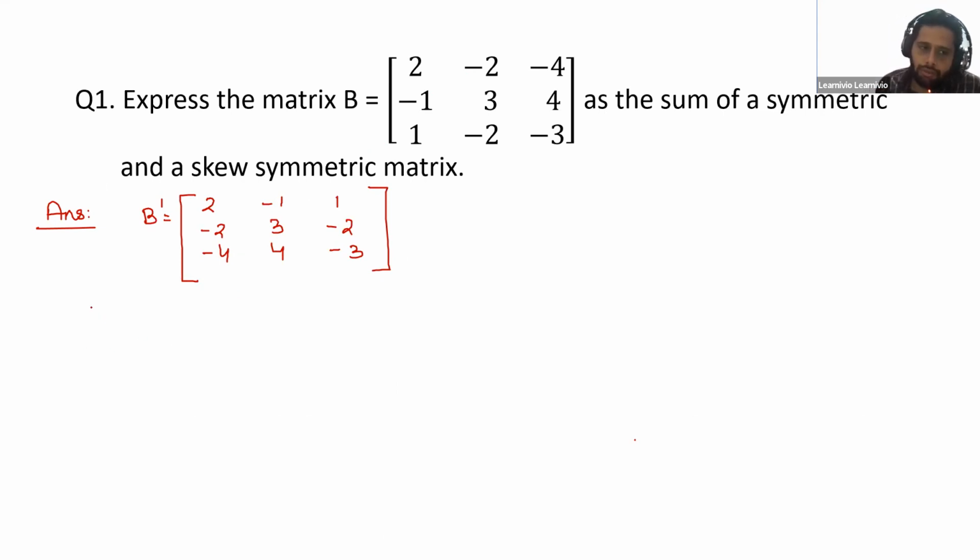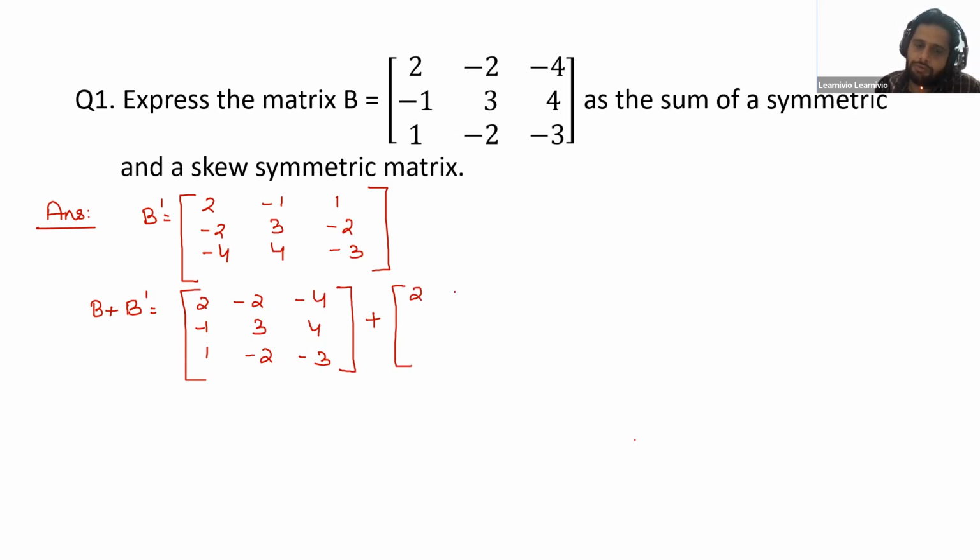Now, what we need is B plus B transpose. So this will become 2, minus 2, minus 4, minus 1, 3, 4, 1, minus 2, minus 3, plus B transpose. What is B transpose? B transpose is 2, minus 1, 1, minus 2, 3, minus 2, minus 4, 4, minus 3.